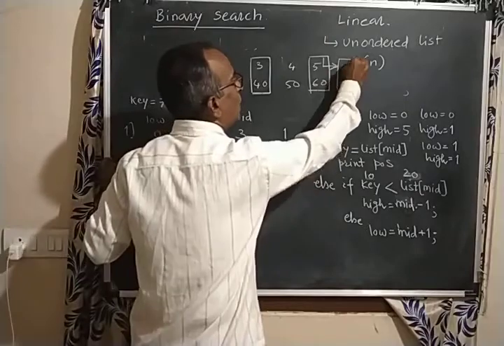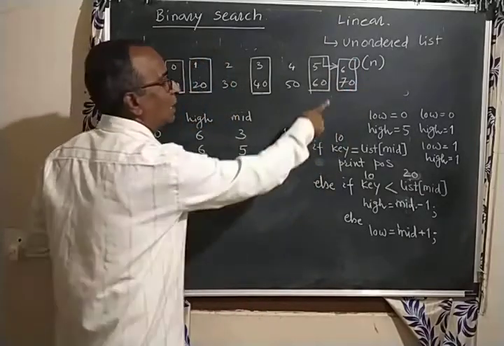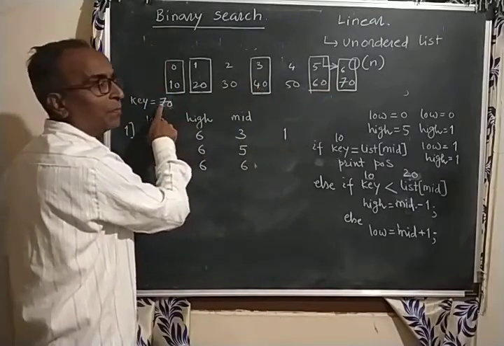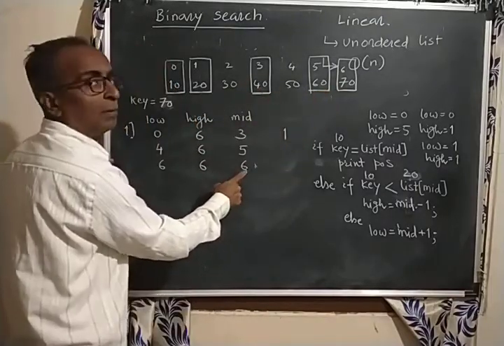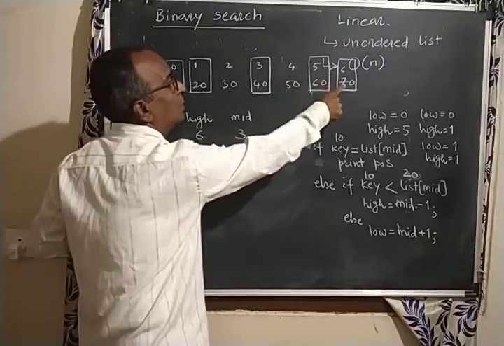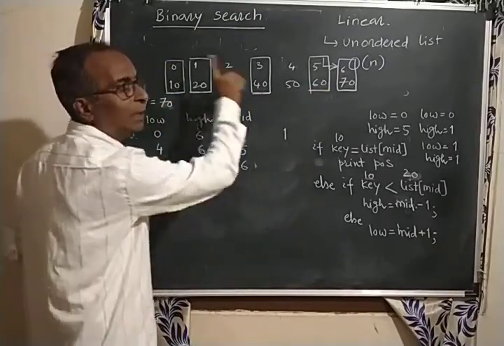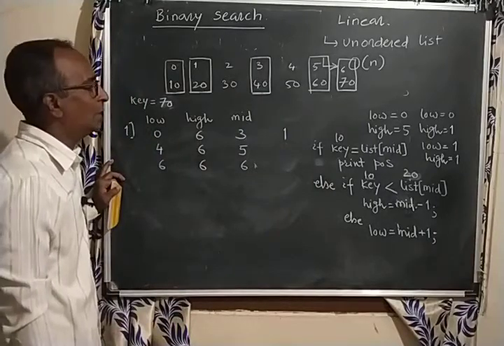So next mid calculated is this. Now whether element to be searched is in this? Yes. This is equal to the element at 6th position. So this is successful search and 6 will be returned, or position will be returned here.